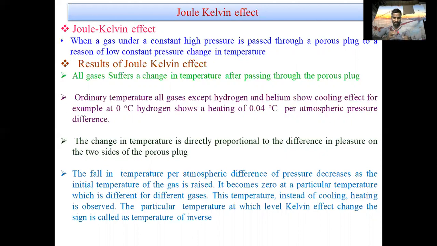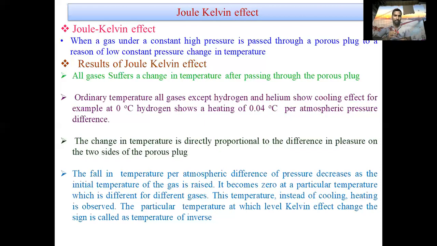Hydrogen's critical temperature is minus 80 degrees Celsius, which is much lower than ordinary temperature. Below that, for example hydrogen gas at minus 70 degrees Celsius, when we apply the Joule-Kelvin effect, the hydrogen gas shows the cooling effect.